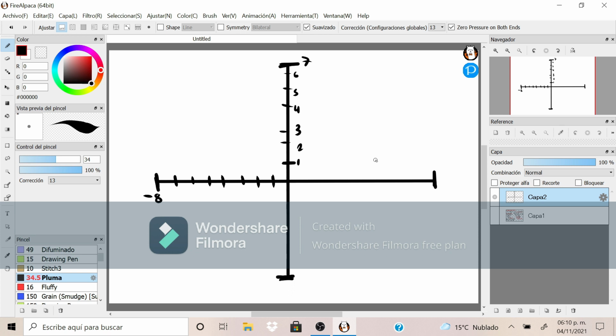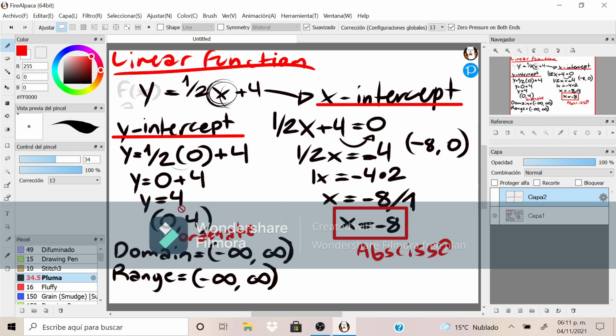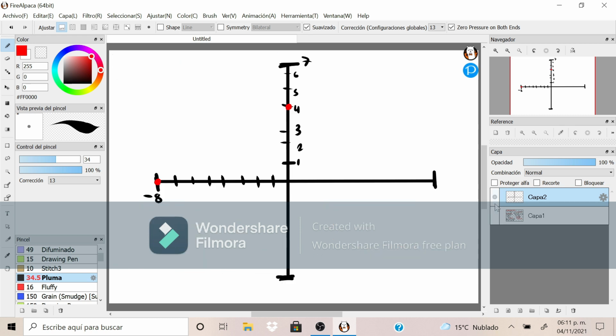The point is that we're going to use the coordinates we just found. So the point would be on minus 8, and we're going to mark the 4 as well. Why? Because the ordinate is 4, and minus 8 is the abscissa.